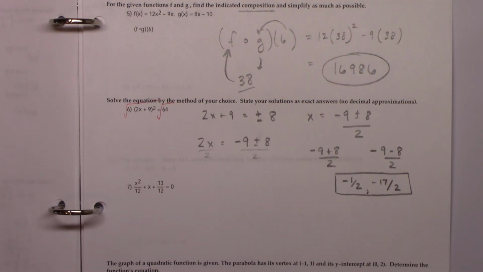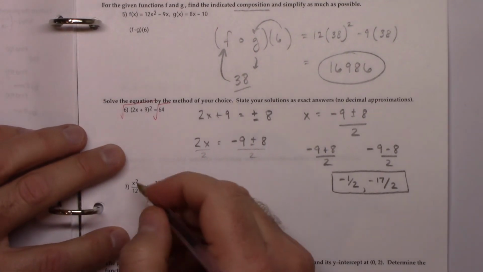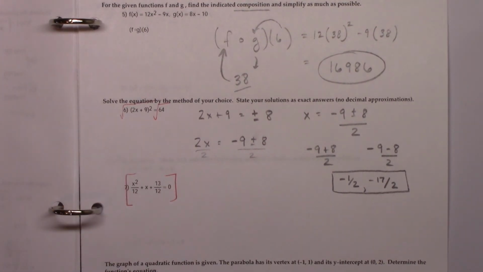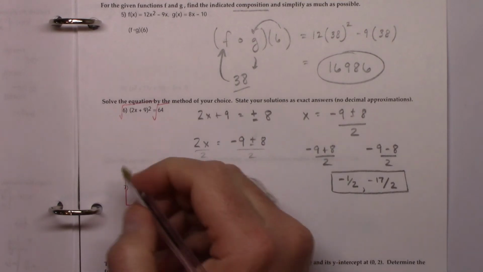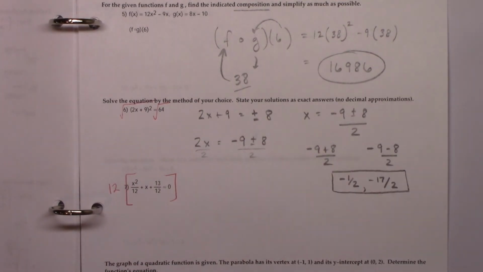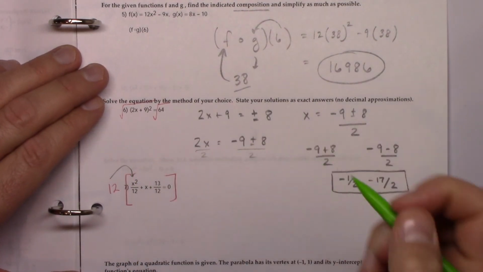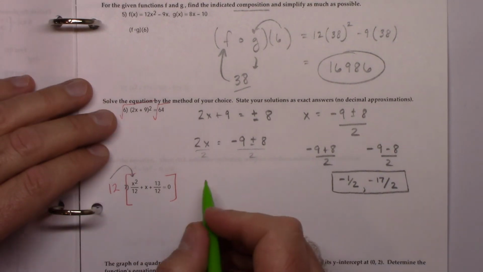All right, moving on to problem 7. The first thing I would recommend here is to get rid of the fraction. You can do that by putting that entire equation in parentheses or brackets and multiplying throughout by 12. So think of multiplying each of these terms by 12. When you do that, you're going to generate some nice canceling. 12 times x squared over 12 causes the 12s to cancel.